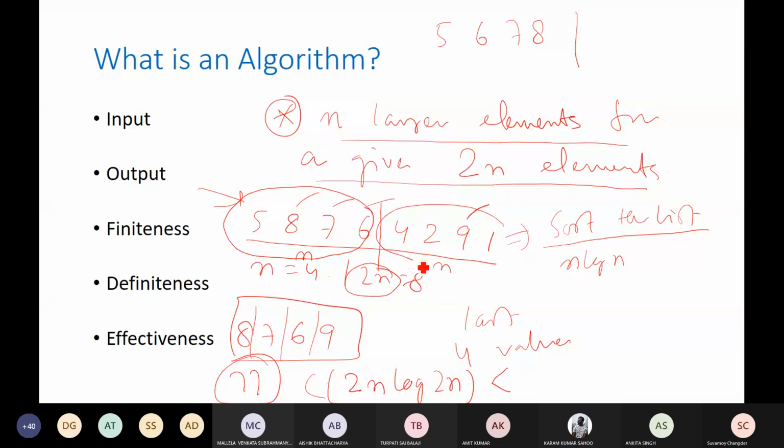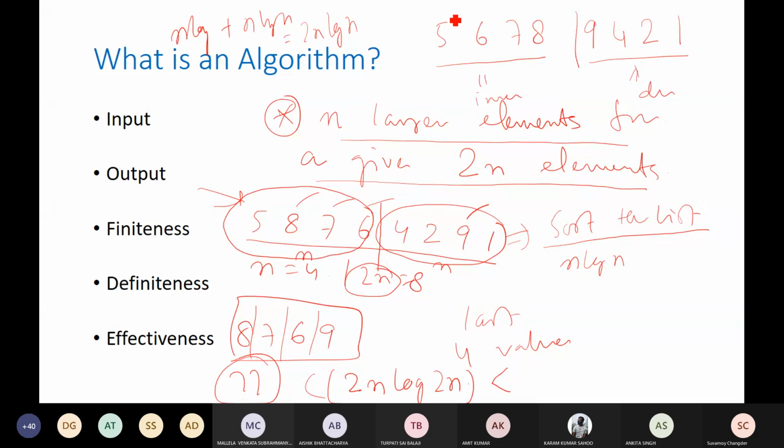The other half in descending order gives 9, 4, 2, 1. We are applying sorting on both halves, but here in increasing order and there in decreasing order. So the time complexity is n log n plus n log n, that is 2n log n.